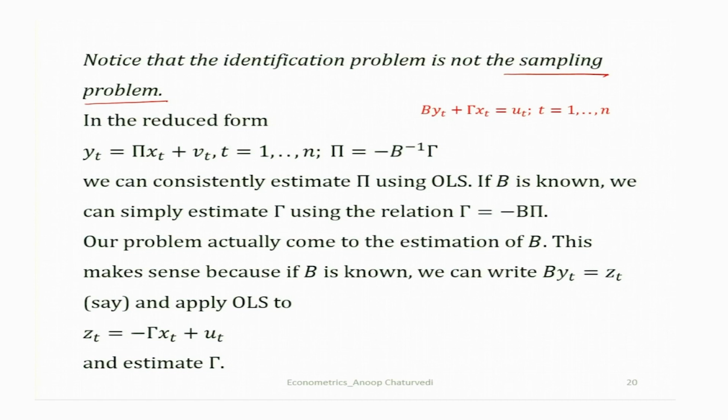Again, in the reduced form y t equal to pi x t plus v t, pi is equal to minus b inverse gamma. So, we can consistently estimate pi using ordinary least square procedure. Now, if b is known, we can simply write gamma equal to minus b pi.